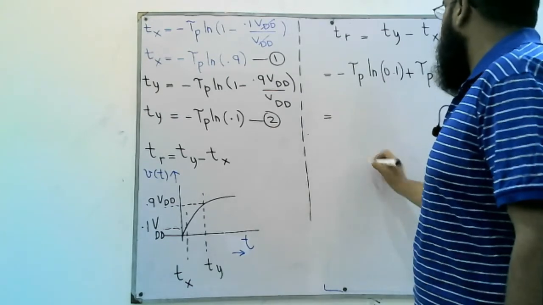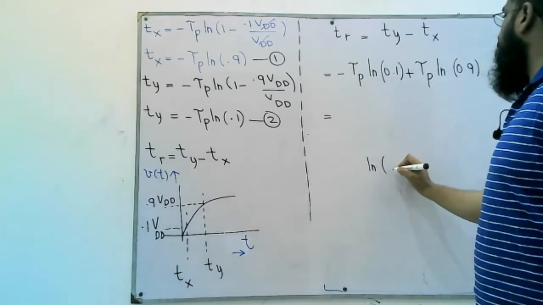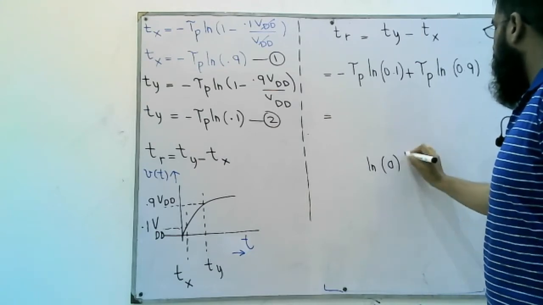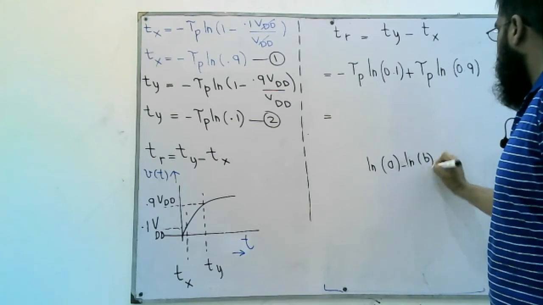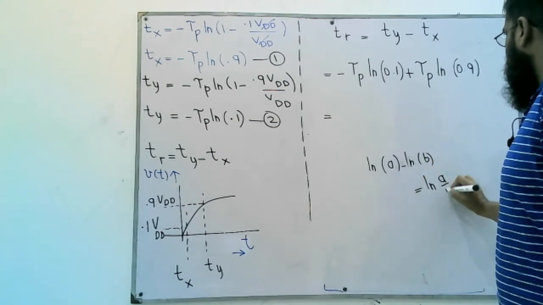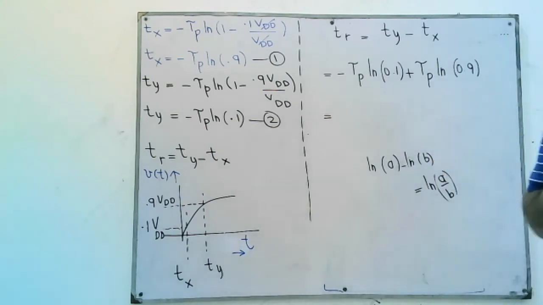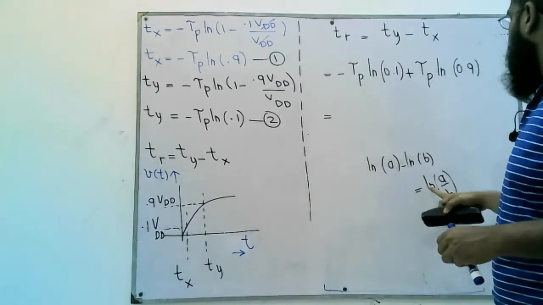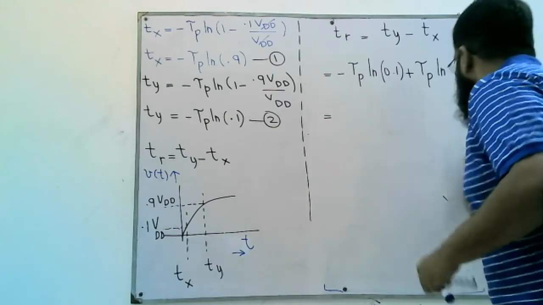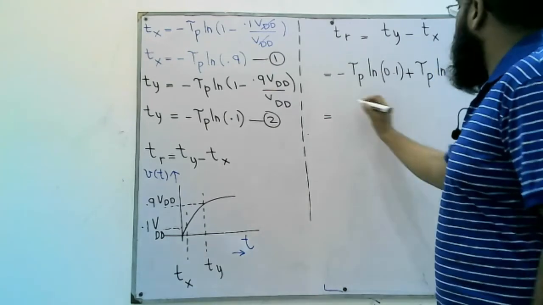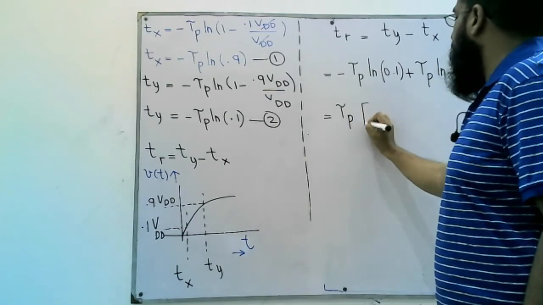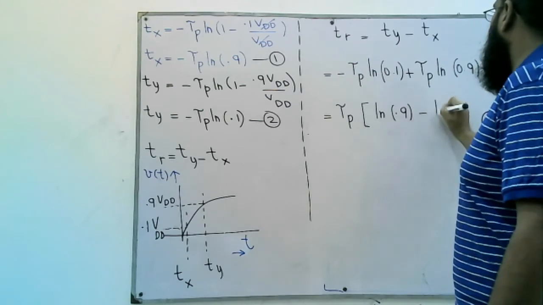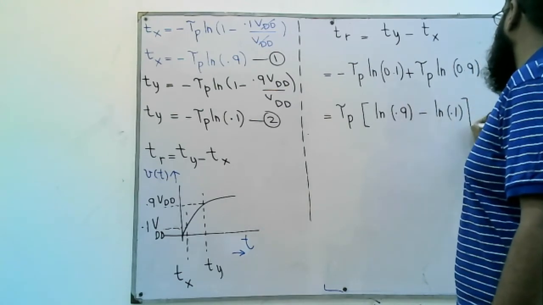Now we'll use the same expression, that log of a minus log of b is log of a over b. So first we can take tau p as common, and then we can write log of 0.9 minus log of 0.1.